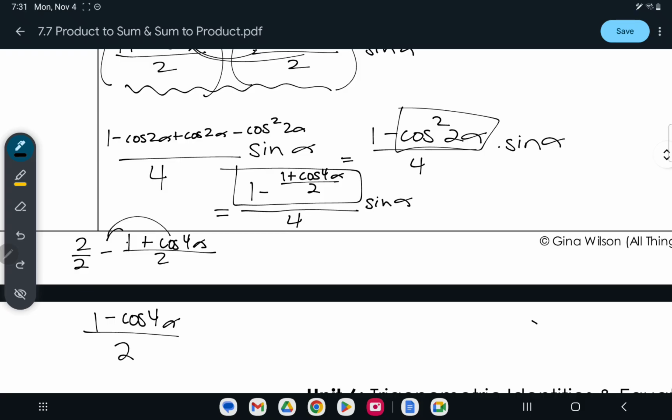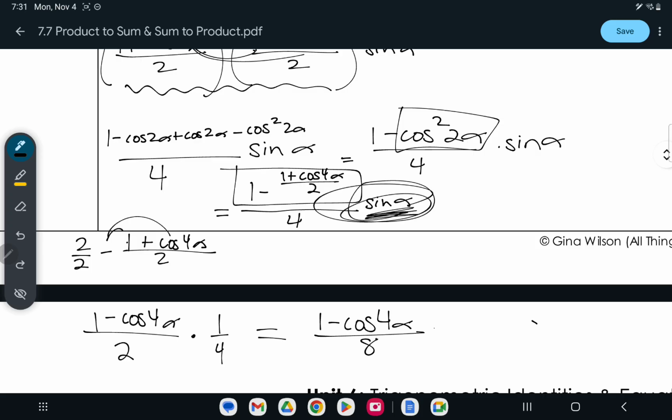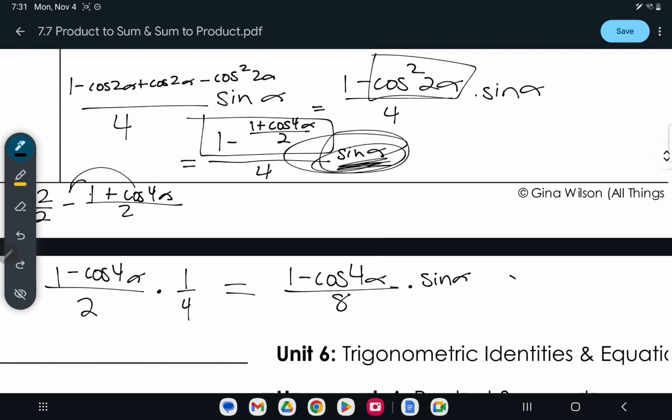But then that's still all over 4. Well, dividing by 4 is the same thing as multiplying by 1/4. So I get 1 minus cosine 4 alpha over 8, and I still have this I need, times sine alpha.